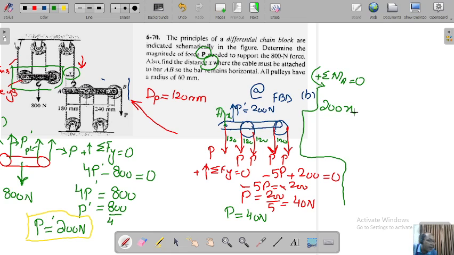It will take this cable and pulley tackle in the anti-clockwise direction. So this will be 200x.